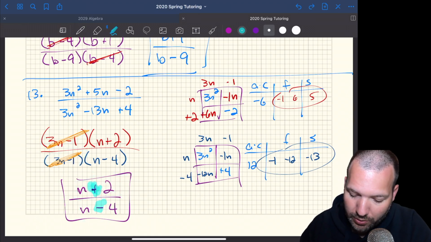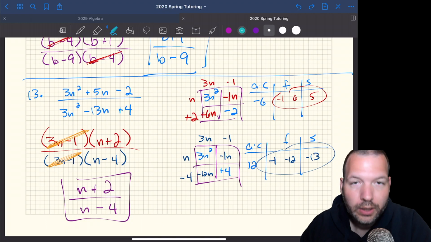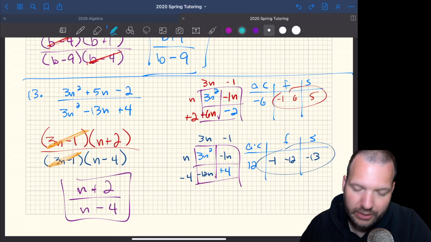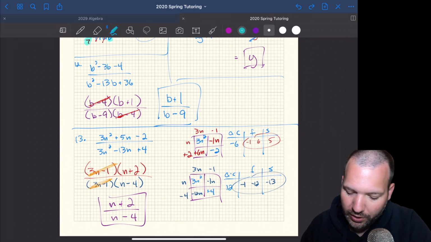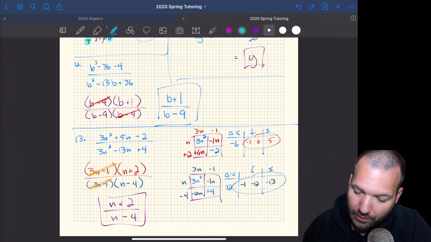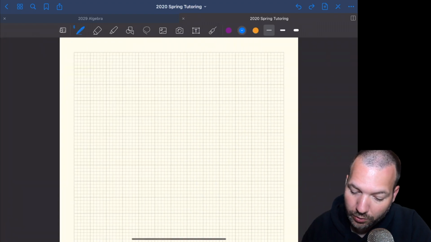N may go into n plus 2 or n minus 4, but just because it starts with n, we wouldn't assume that it does. And it turns out that it does not. N is not a factor. It doesn't multiply up to n plus 2. Doesn't multiply down to n minus 4. So these don't have a common factor. Nothing else cancels. They just stay n plus 2, n minus 4.